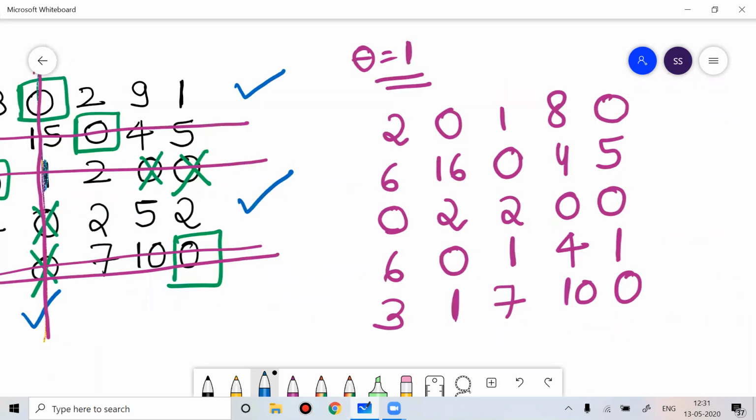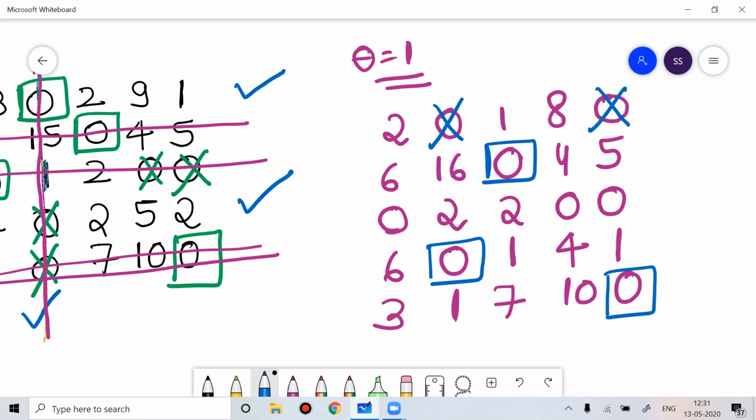First row you cannot touch, second row one 0, third row you cannot touch, fourth row one 0, fifth row one 0, first column one 0, now all zeros I think can be done.